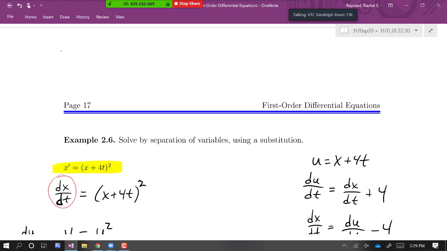Solving for x, aren't we? Say that again? Are we solving for x? Yeah, we want x as a function of time, right? We want to find x of t equals. We want some function of t that satisfies this.